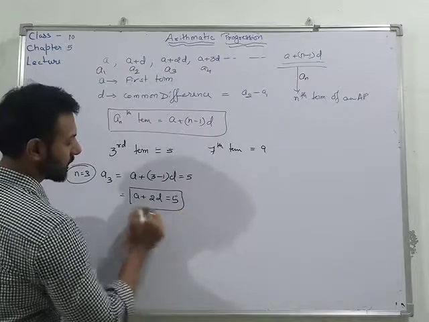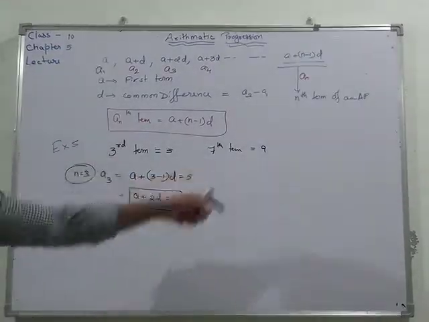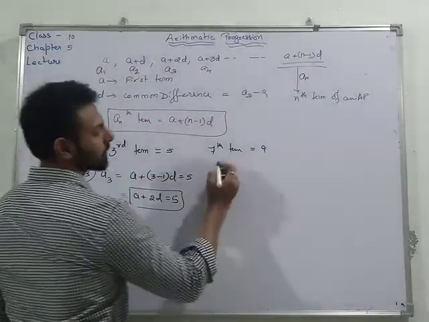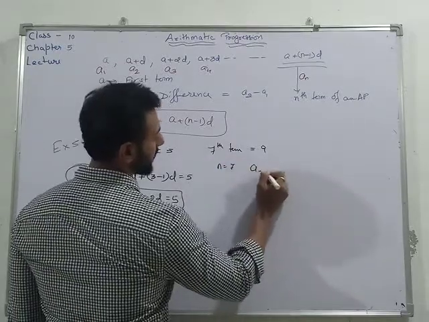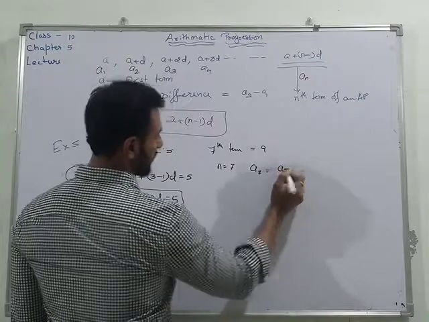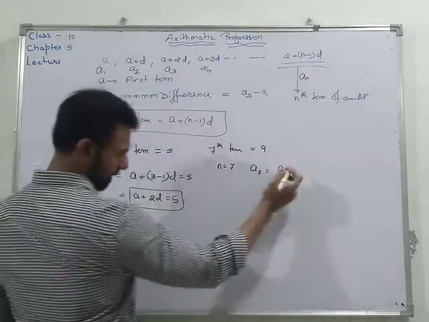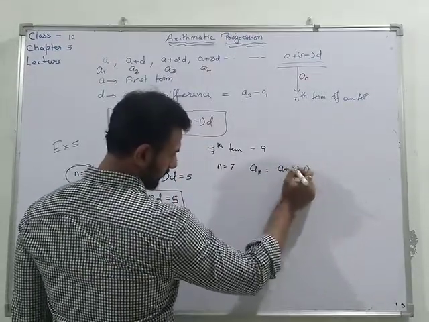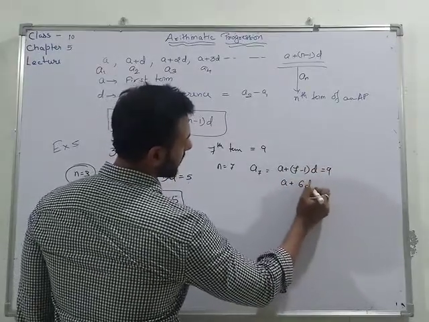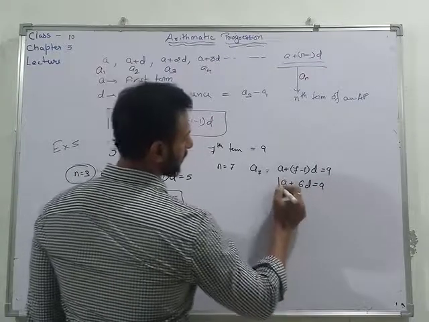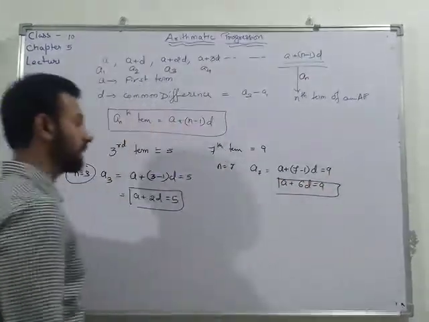We have one equation. Now for the seventh term, n will be 7. Substituting, a7 is equal to a plus 7 minus 1 into d is equal to 9. a plus 6d is equal to 9. This is the second equation.